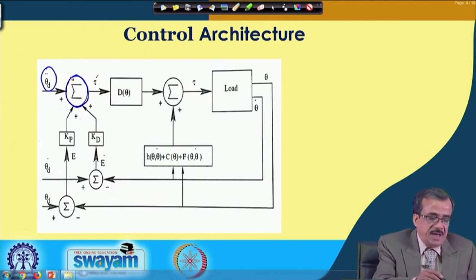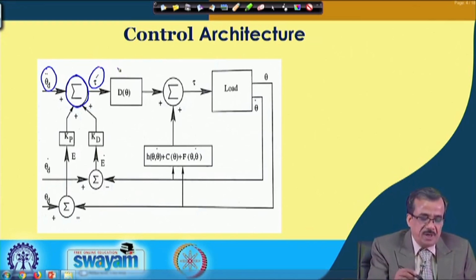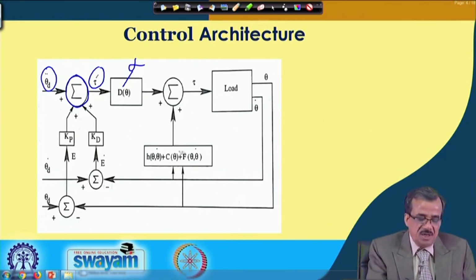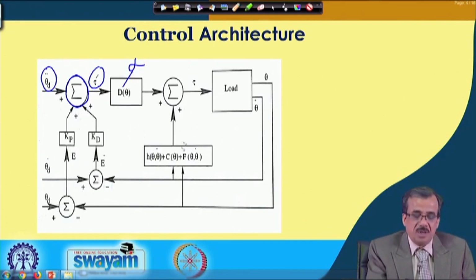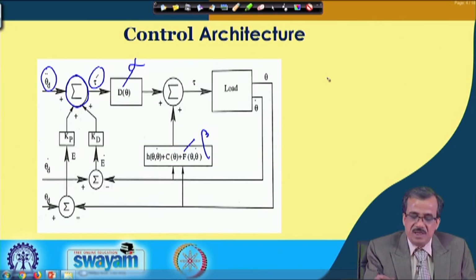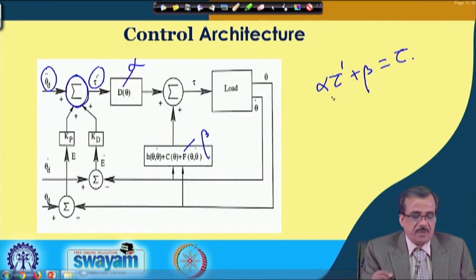This d theta is alpha, as I discussed, and h theta theta dot plus c theta plus f theta theta dot is beta. If you remember, alpha tau prime plus beta is the torque.